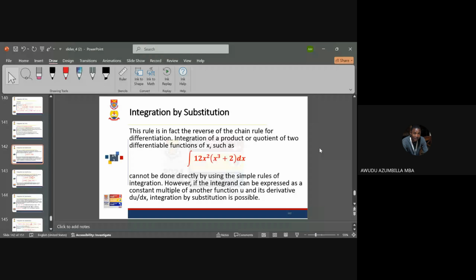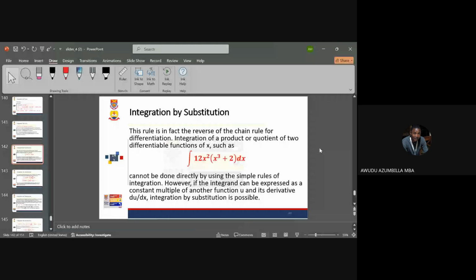So by substitution, it means that if we can express an integral as a constant multiple of the other function, let's say u, and its derivative, so we can divide it into the function and its derivatives.